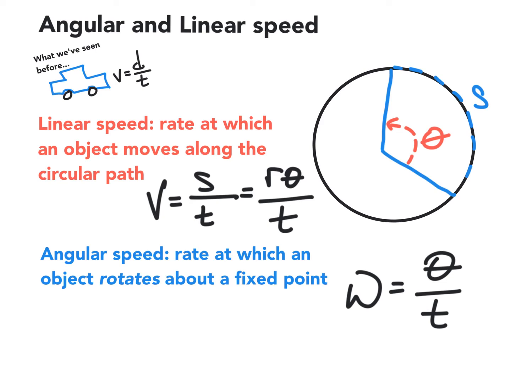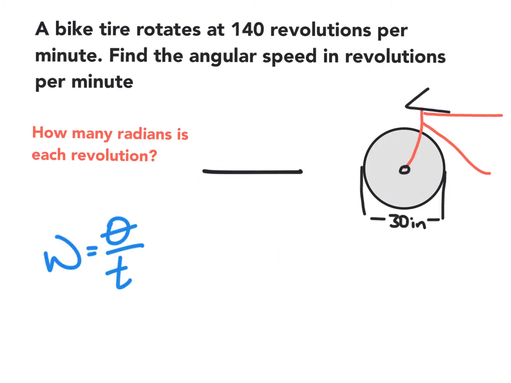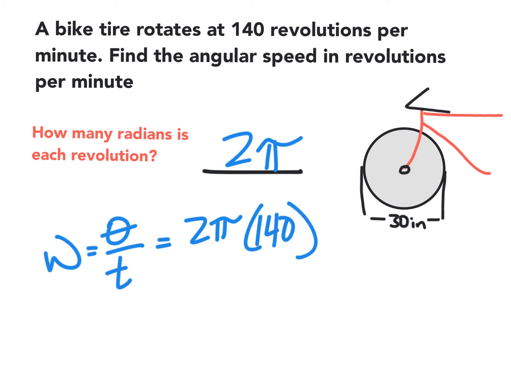So let's practice it. A bike tire rotates at 140 revolutions per minute. Find the angular speed in radians per minute. So the first thing I want to think is how many radians is each revolution? Each time that this goes around, how many radians is it sweeping through? 2 pi, right? It's going around the entire circle each revolution. So it's sweeping through 2 pi radians, 140 times per minute.